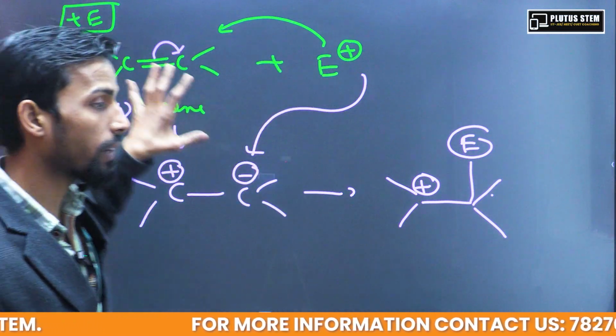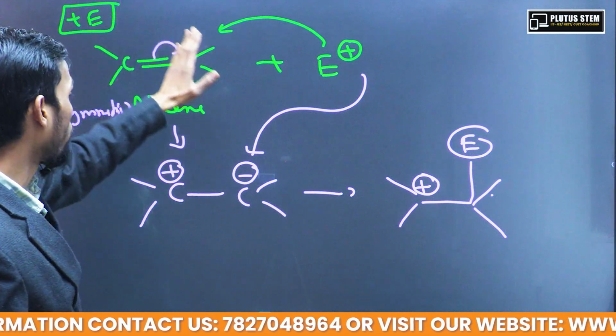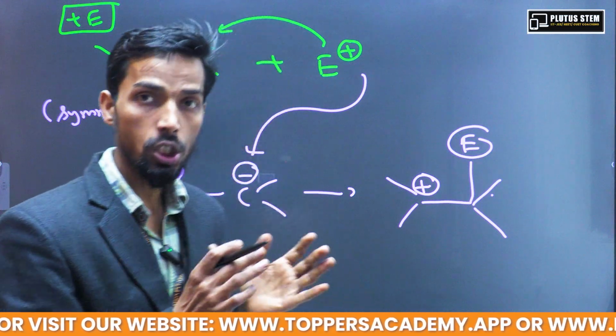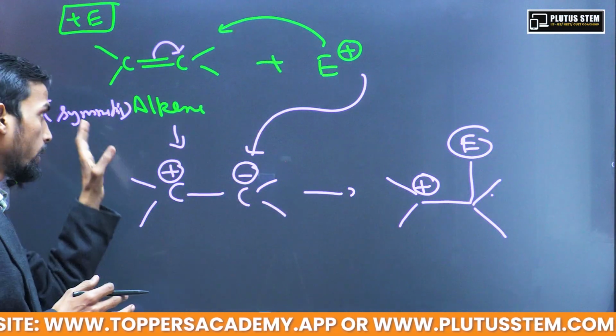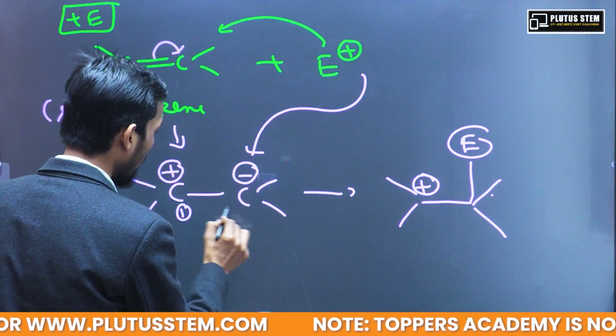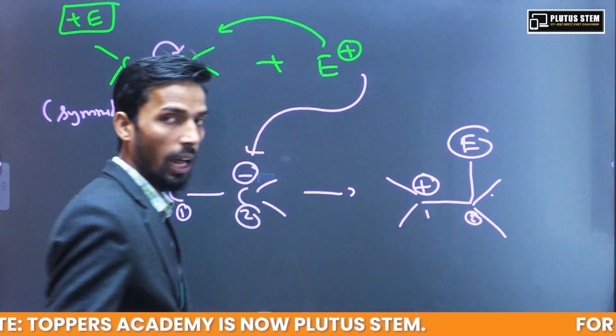For the electromeric effect, you can remember that the upcoming electrophile or reagent is added at the side where the pi electron moves. We move the pi electron to carbon number 2 and the electrophile also comes at carbon number 2.